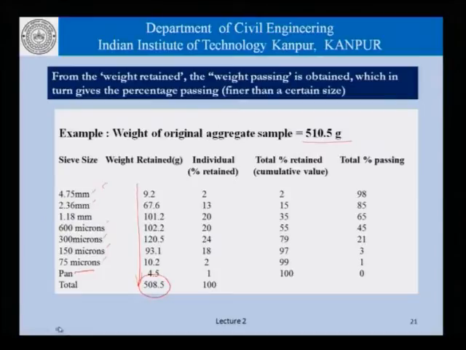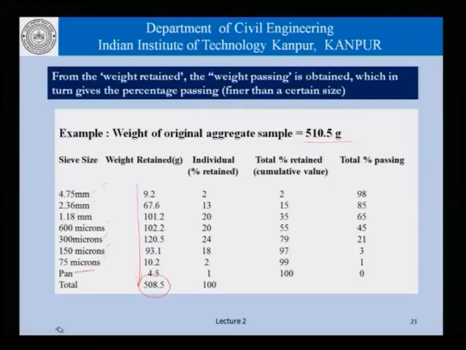Let us take an example of particle size distribution as determined from sieve analysis. We can talk in terms of weight retained, or we can talk in terms of weight passing, which in turn will give us the percentage passing, which will give us the finer than a certain size.